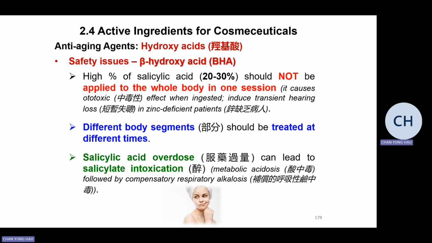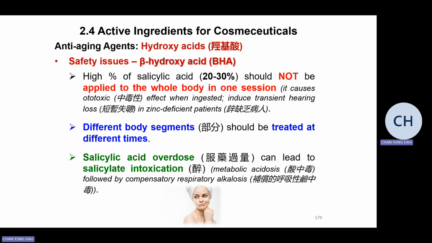So for BHA, one very significant BHA would be salicylic acid. Salicylic acid at 20 to 30% should not be applied to the whole body in one session, because it may cause ototoxicity, and different body segments should be treated at different times.